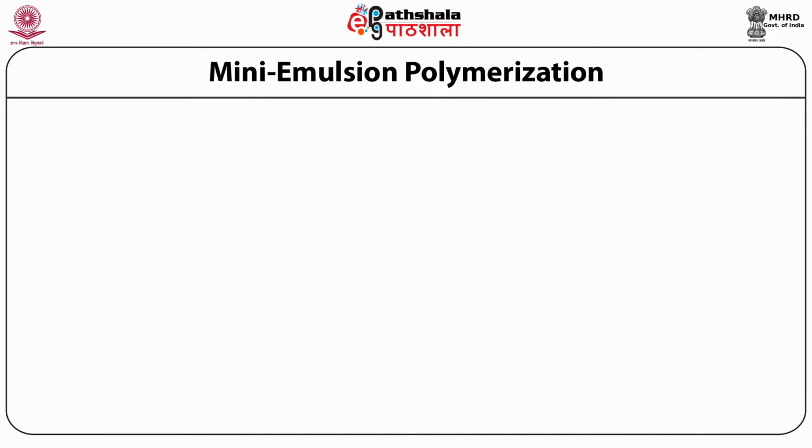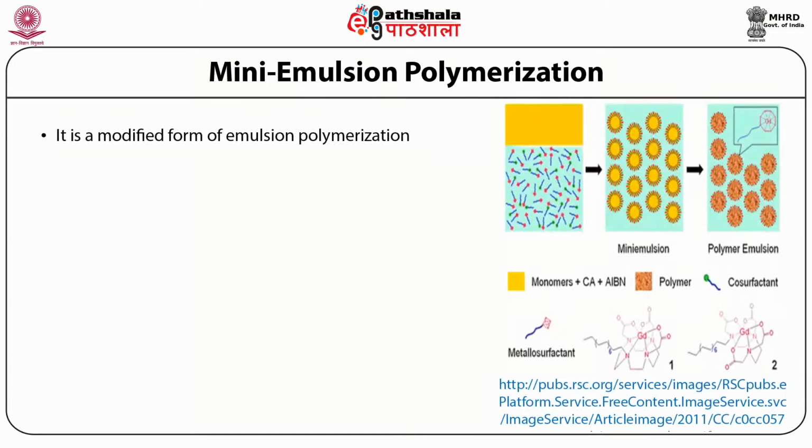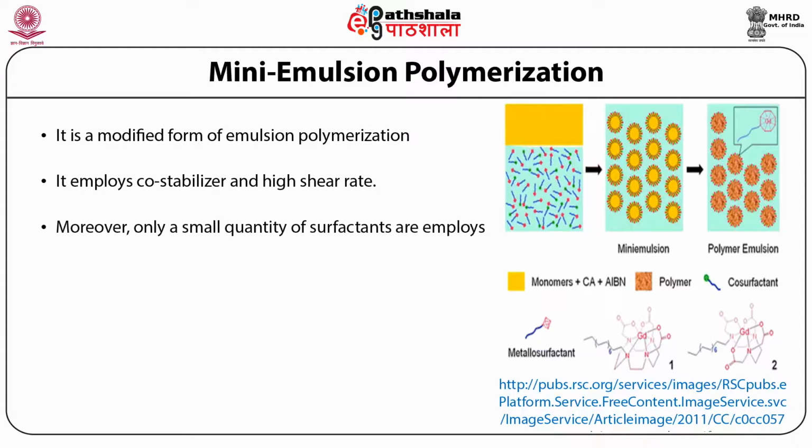Another important polymerization technique is mini-emulsion polymerization. It is a modified form of emulsion polymerization. The only difference between them is that it employs a co-stabilizer and a high shear rate. Moreover, in this method, only a small quantity of surfactant is used. Therefore, in the resultant mini-emulsion process, interfacial tension is greater than zero.